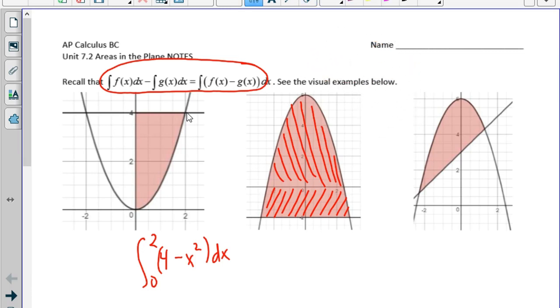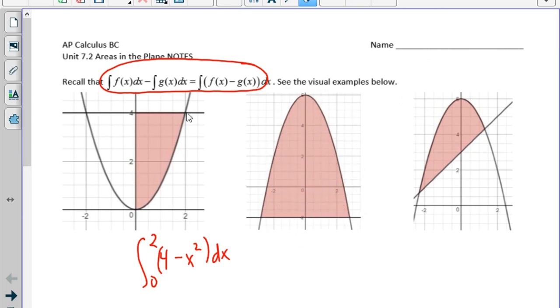Or we could have done a vertical shift where we move the entire graph up 2 and then treated it like it was y equals negative x squared plus 8, and then integrated that from x equals negative 2 to 2.